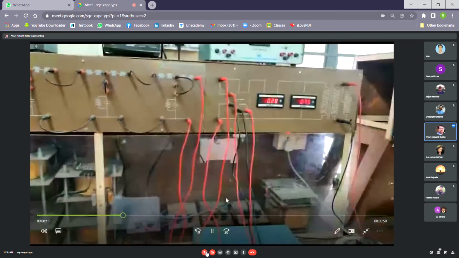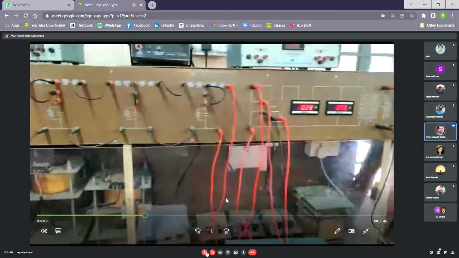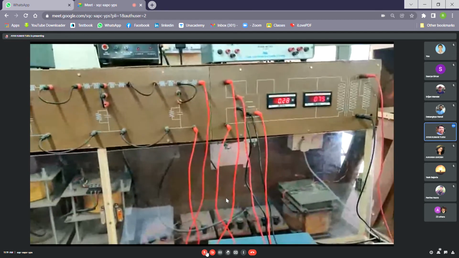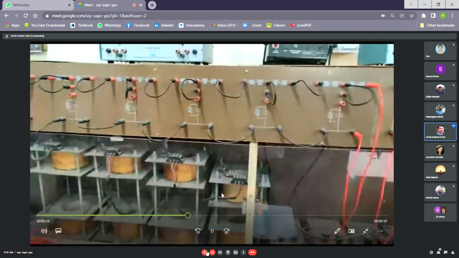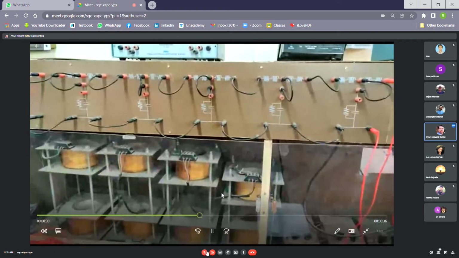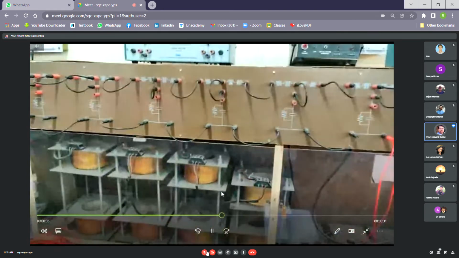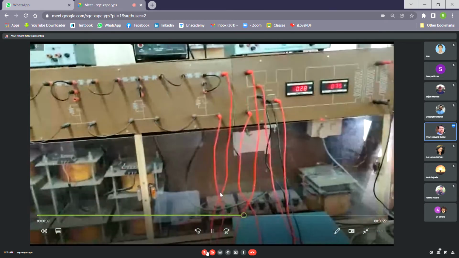As you can see, these are the panel meters showing the voltage and the current flowing through this transmission line. These are all the inductors and capacitors present here, all of which can be seen from this small video.